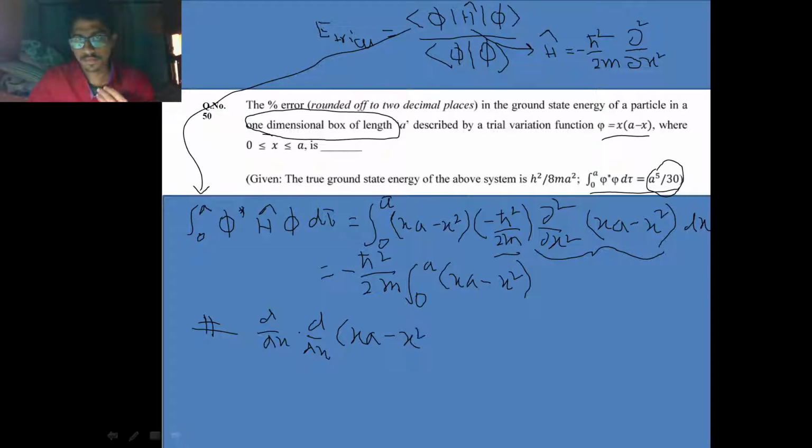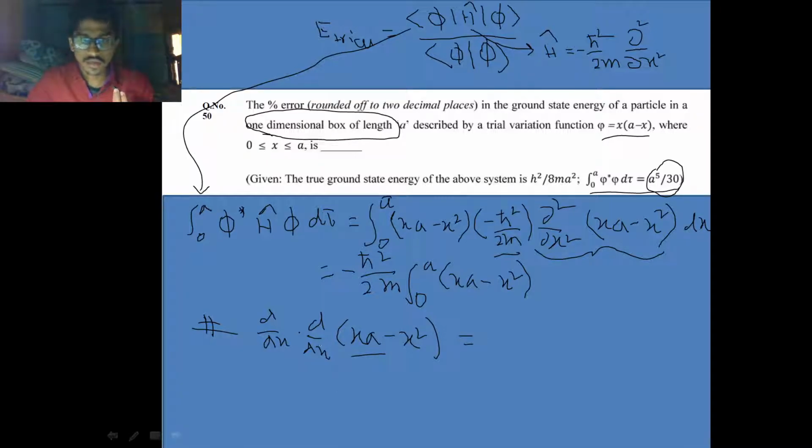Using the uv formula, the first term comes as x into dA by dx, and dA by dx is nothing but 0 because it is a constant value.